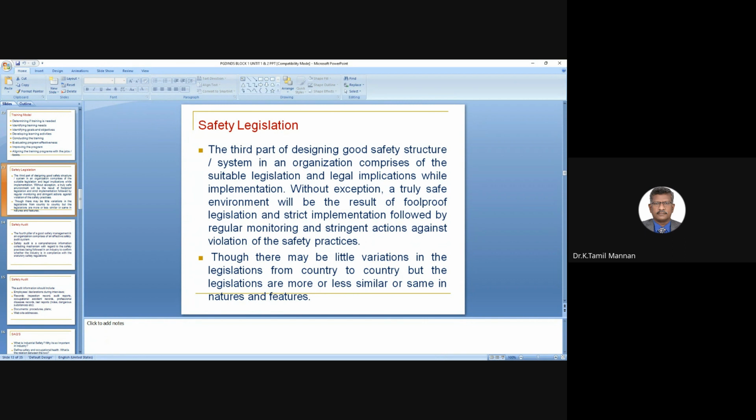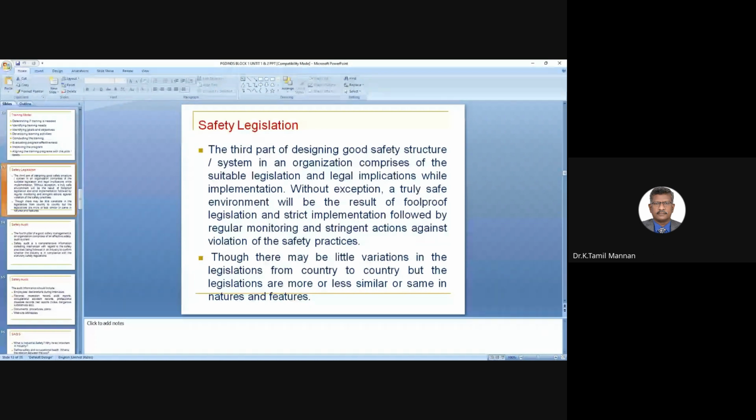During the implementation of the legislations, it should obey the rules and regulations of the Factory Act 1948. Without exceptions, a truly safe environment will be the result of foolproof legislation and strict implementation, followed by regular monitoring as well as stringent actions against the violation of safety practices.